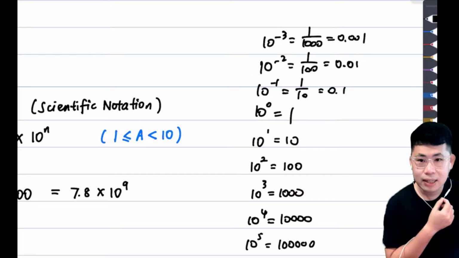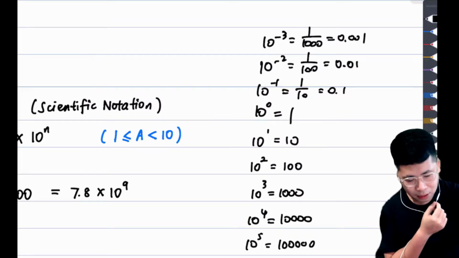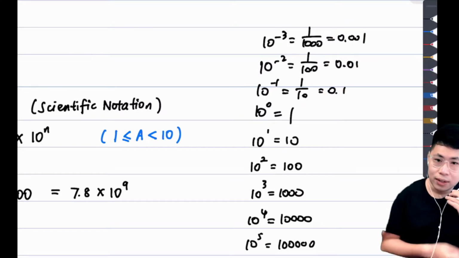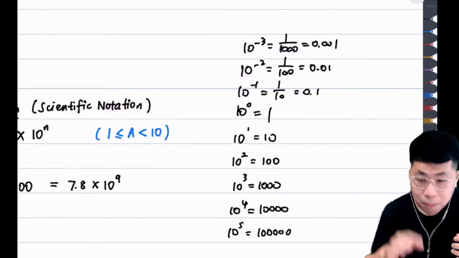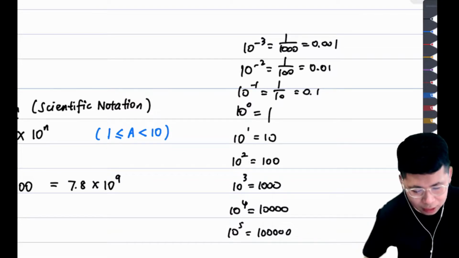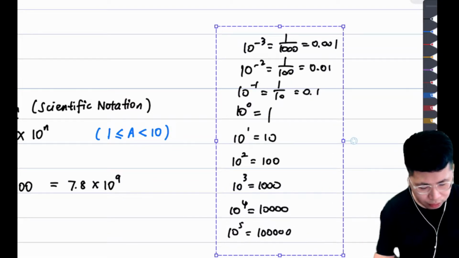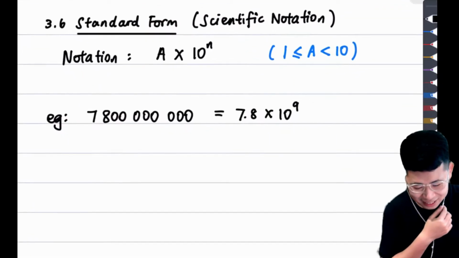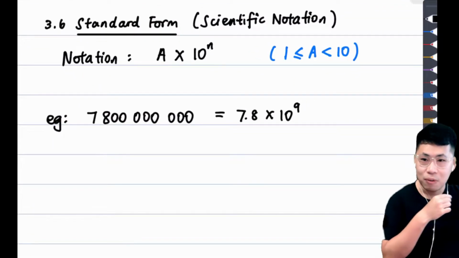You can see it follows the number of zeros. We'll be making use of powers of 10 a lot, so hopefully after this you really get to know the difference between the positive and negative index, especially for powers of 10.